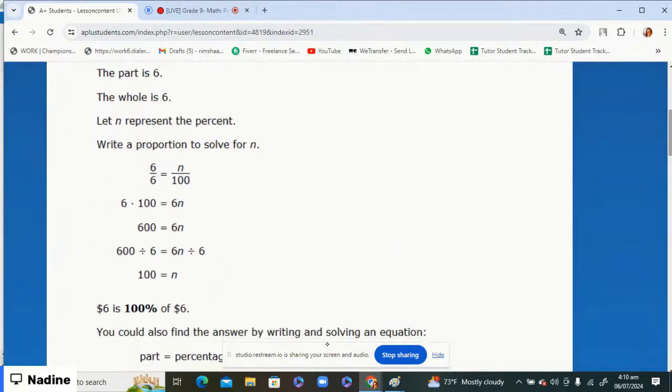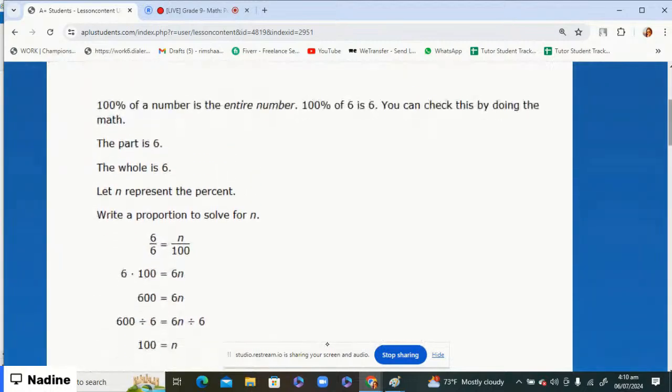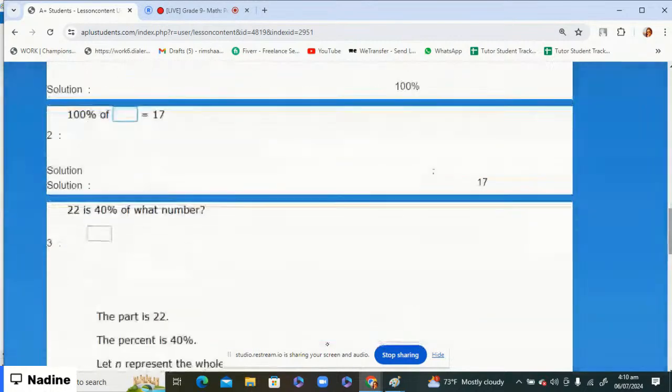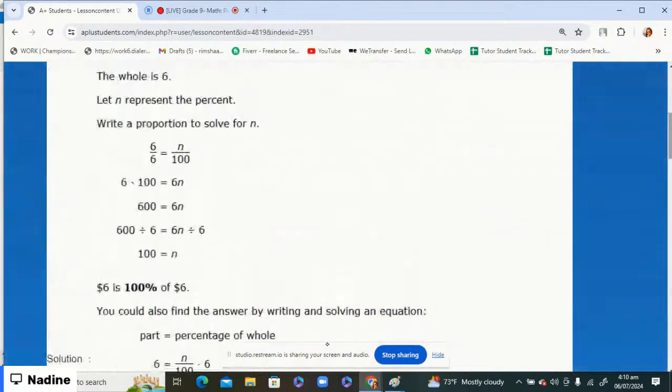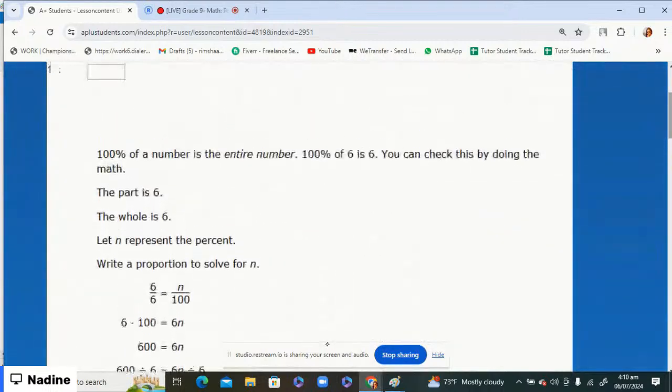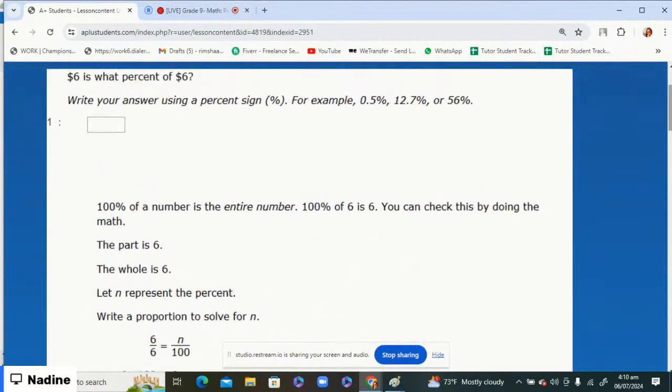First of all, I'm going to write down the basic percent equation for that. You just need to write it down. Look at here now. $6 is what percent of 6, and we are going to find it out.